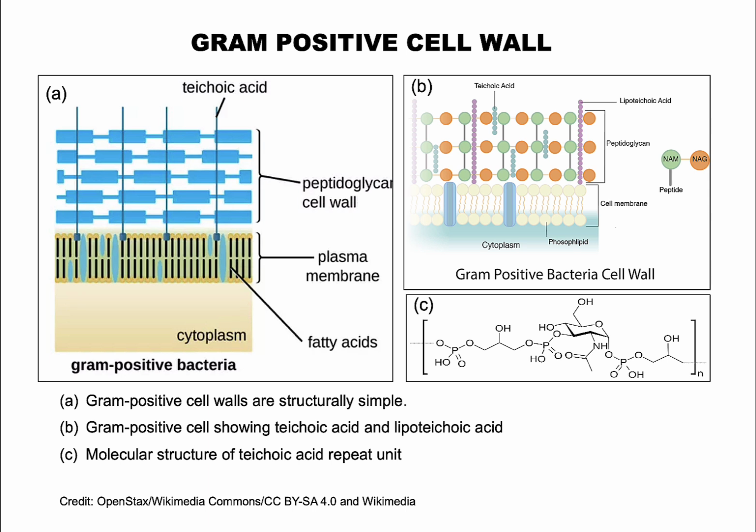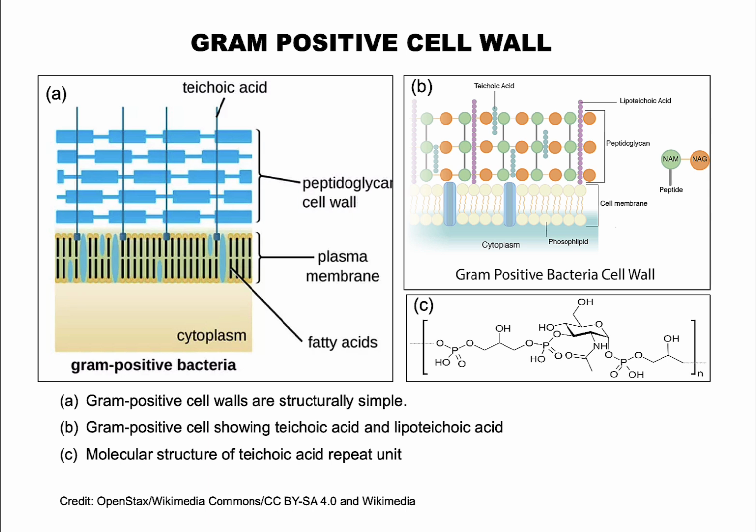Furthermore, research indicates that teichoic acid may be involved in cell division by interacting with the machinery that synthesizes peptidoglycan. Additionally, teichoic acid seems to provide protection against challenging environments such as high temperature, elevated salt levels, and beta-lactam antibiotics like penicillin. Pathogenic gram-positive bacteria such as Streptococcus use teichoic acid to increase their ability to cause infections.